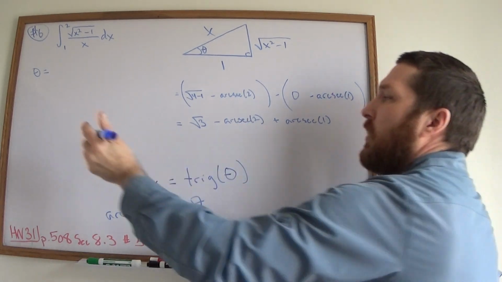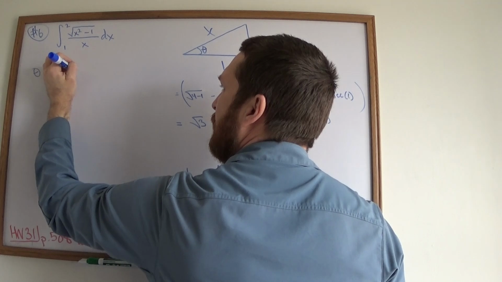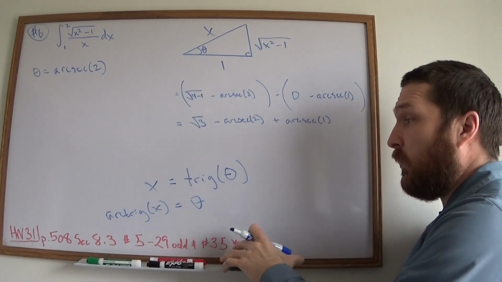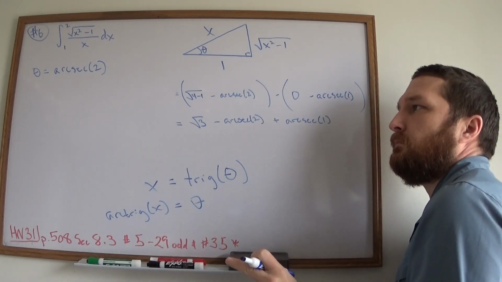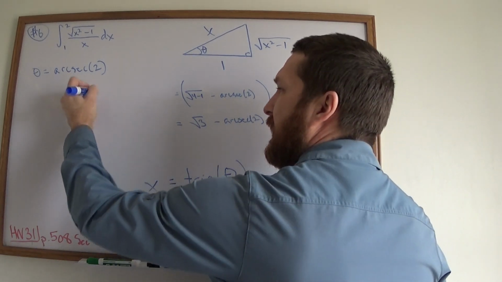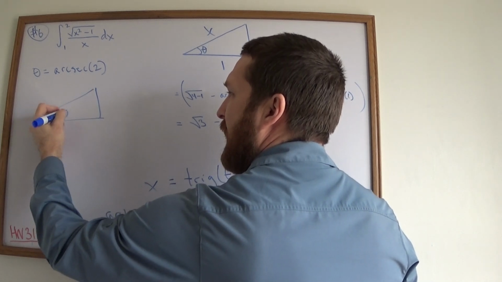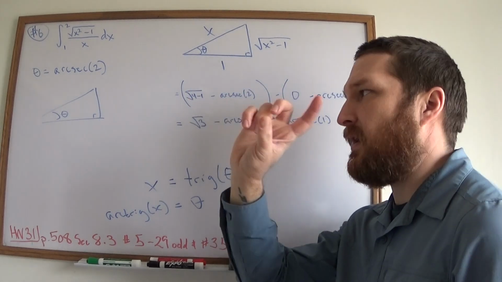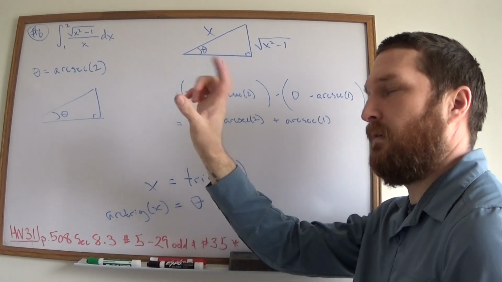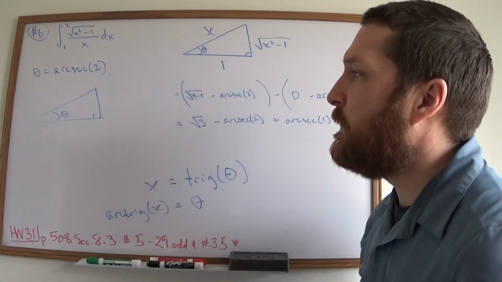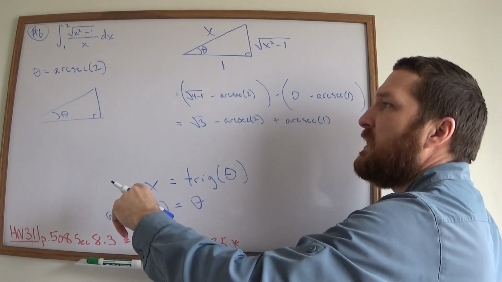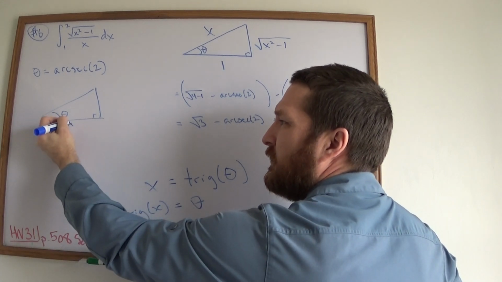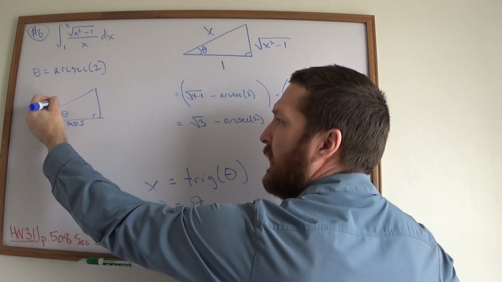So I'm going to say arc secant of 2 is some angle theta. What angle? Well, I'm thinking arc secant is just 1 over cosine, so you plug in some value into 1 over cosine, and you have adjacent and hypotenuse here.